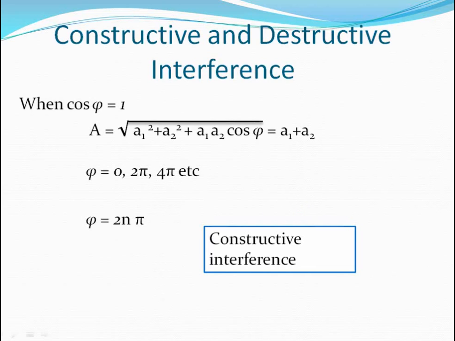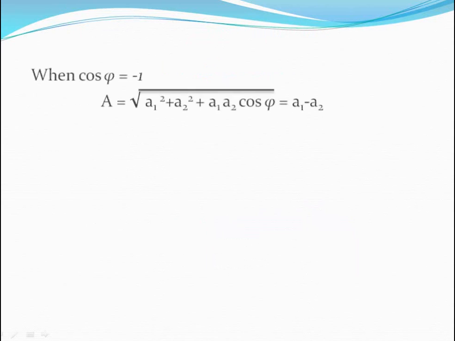Now, when will the amplitude of the resultant wave be minimum? When cos phi will be minus 1. In that case, the final amplitude of the resultant wave will be square root of a1 square plus a2 square minus 2 a1 a2, that is a1 minus a2. This situation is called the situation for destructive interference.